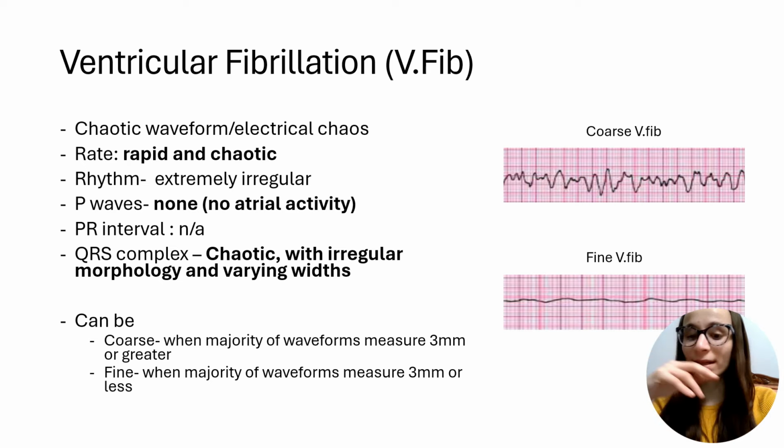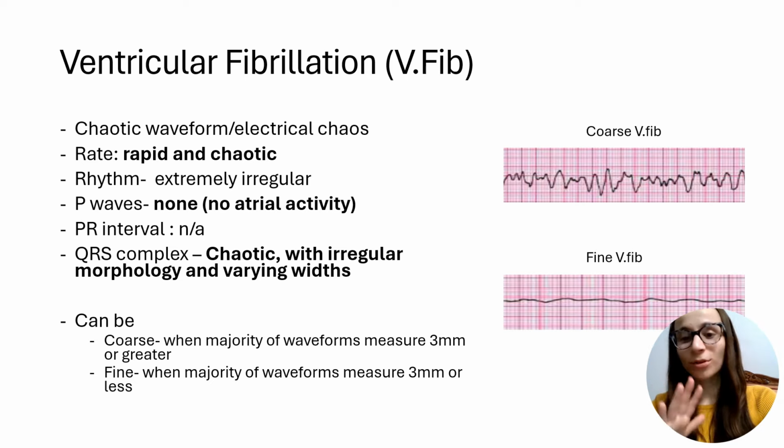In the context of VFib, there are two different types. We have coarse and fine, and that just refers to the fibrillating waves on the EKG. Coarse is bigger, more discernible, and fine is usually smaller, lower in amplitude, and it's usually a more advanced stage.